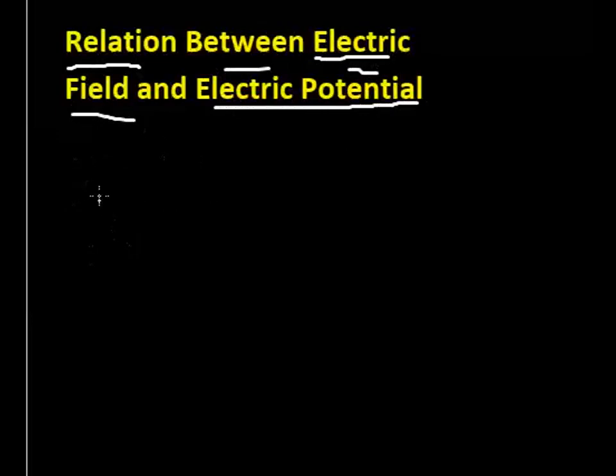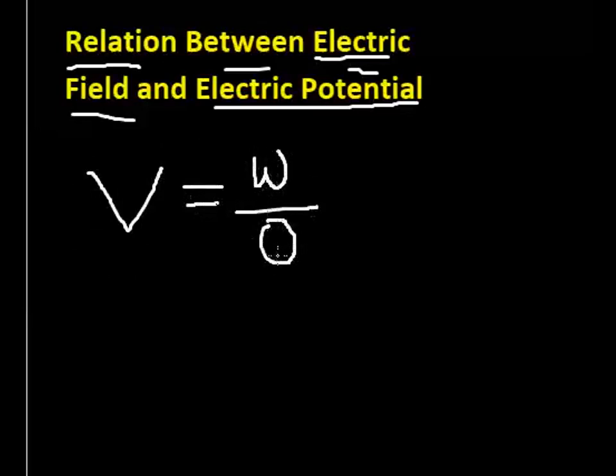We already know that electric potential gives us the work done per unit charge. And we already know that work is force times distance. Let me use D this time around. Force times distance, then divided by charge.